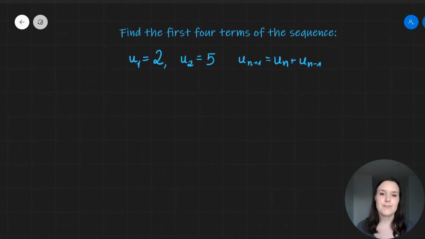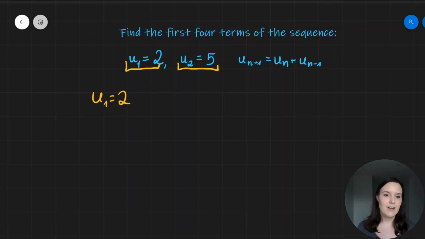Let's try the next example. Find the first 4 terms of the sequence. Now the formula is actually fancy. It doesn't use the previous term, but the previous 2 terms. U1 is 2, I just found my first term.